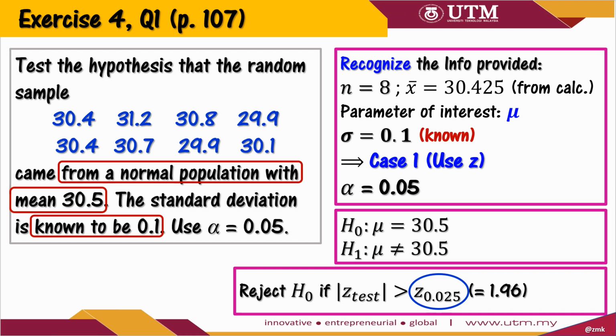If you expand the modulus, the decision rule can also be written as reject H0 if z-test is smaller than negative z 0.025, which is negative 1.96, or if z-test is greater than z 0.025, which is 1.96. Let's look at the complete solution in the next slide.